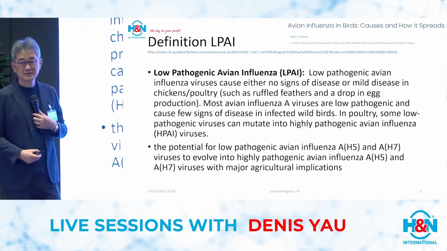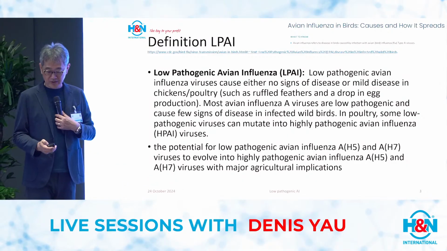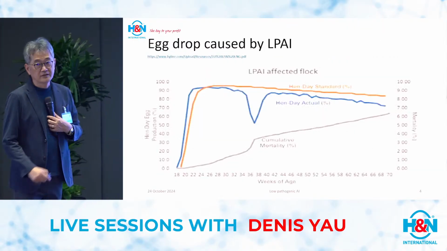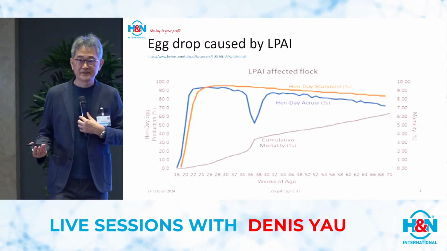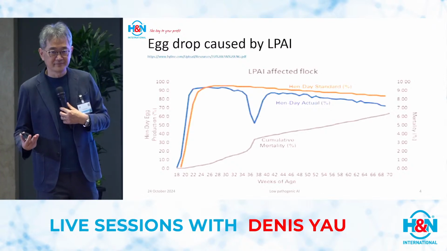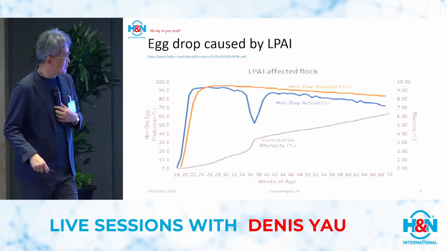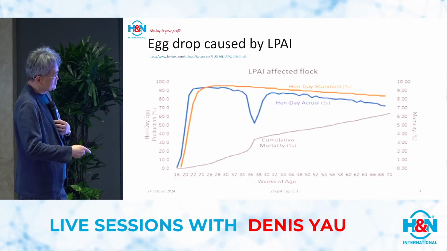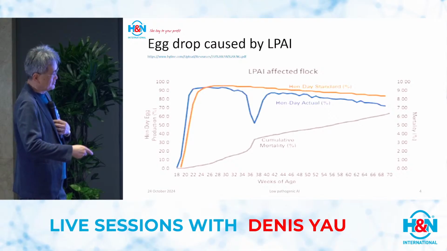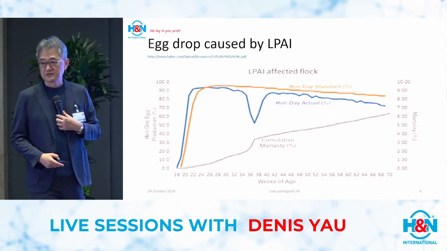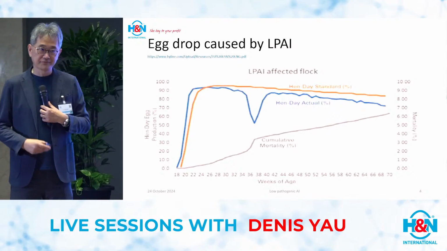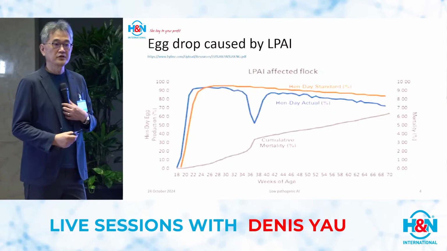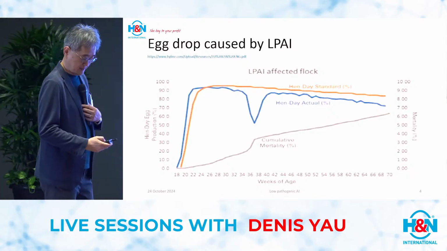That is the situation that we have in Asia Pacific. This is from another company, a laying company. You see here, with the infection, a drop in production and a slight increase in cumulative mortality after the infection. But it is not high pathogenic AI.